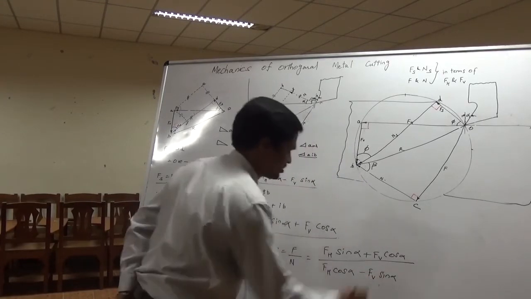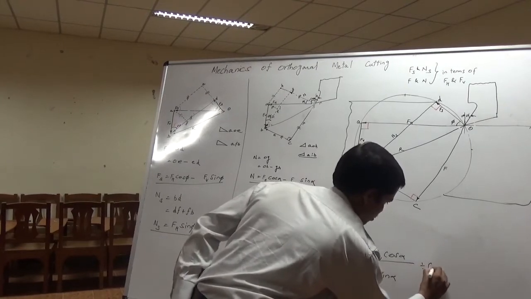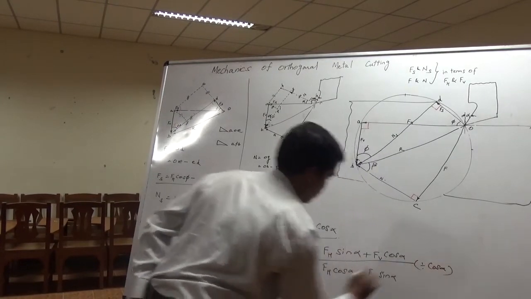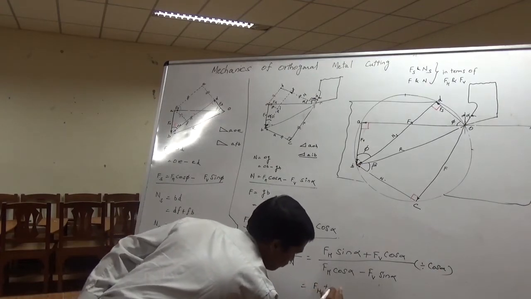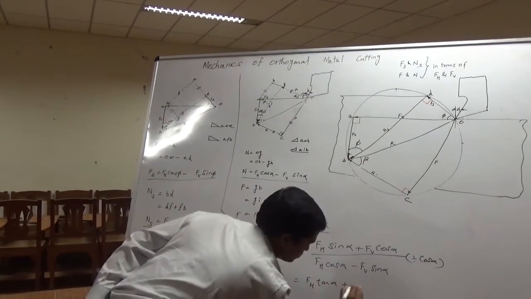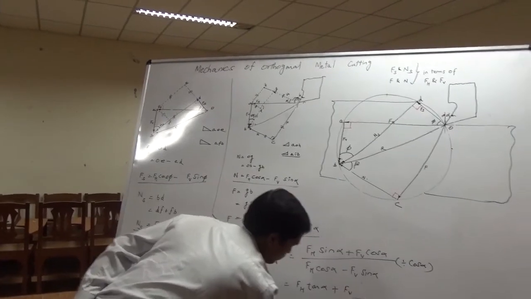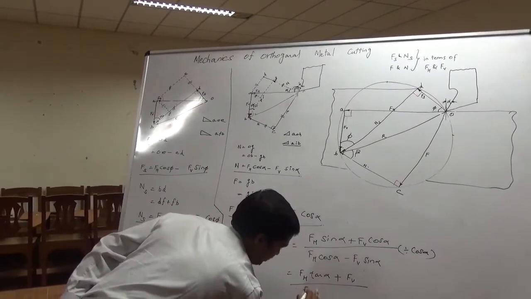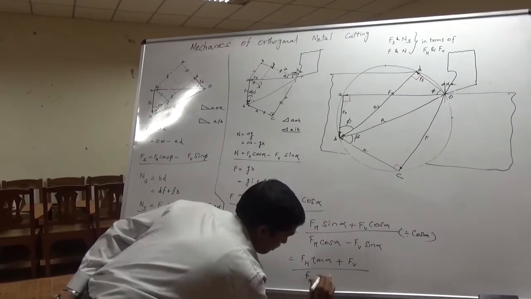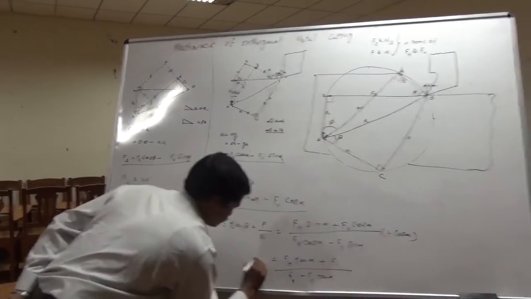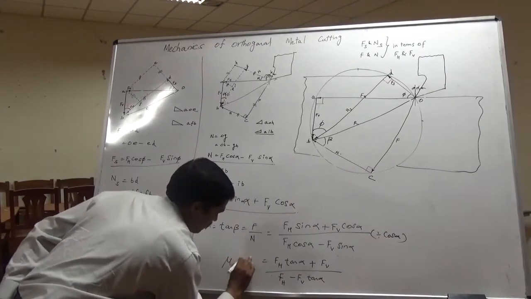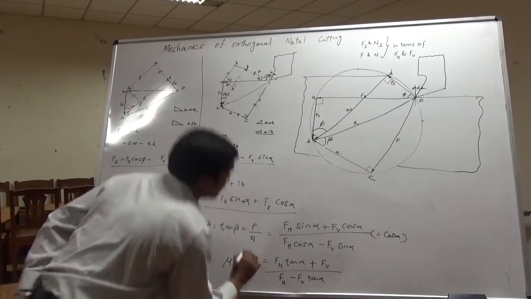Again simplify this by dividing by cos alpha in numerator and denominator. So I do get FH tan alpha plus FV divided by FH minus FV tan alpha. So this is for mu or tan beta.